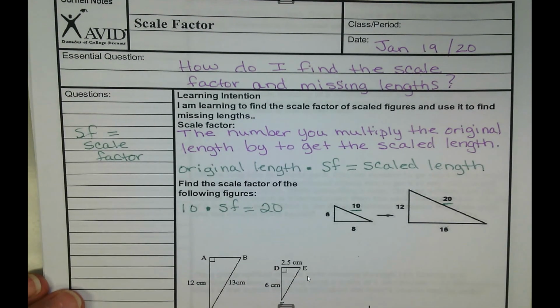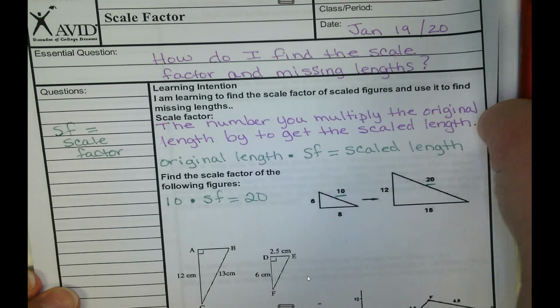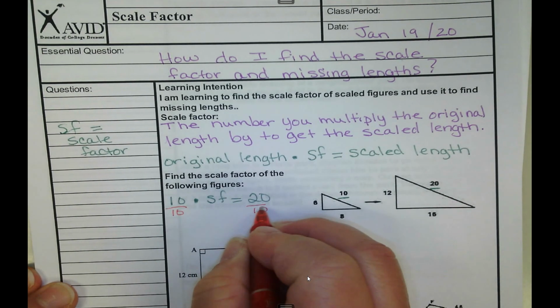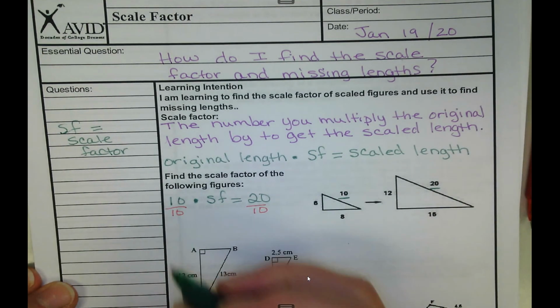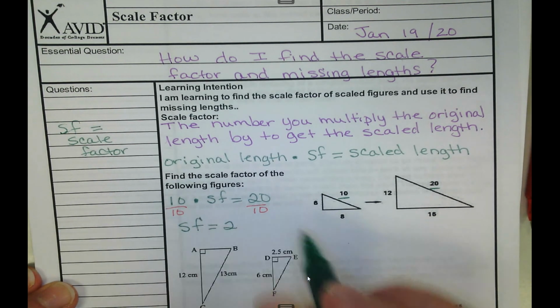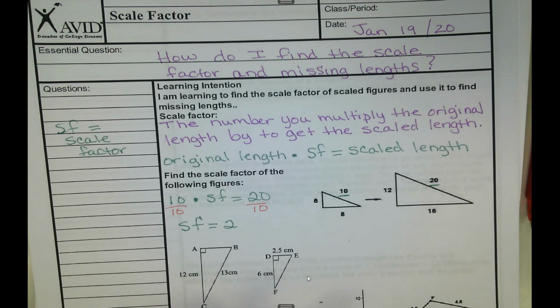Mathematically, you divide both sides by 10. Your brain might have already jumped to the answer. So your scale factor is 2. You match up those corresponding pieces.